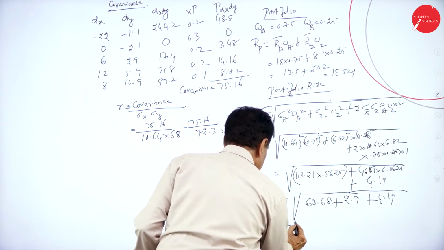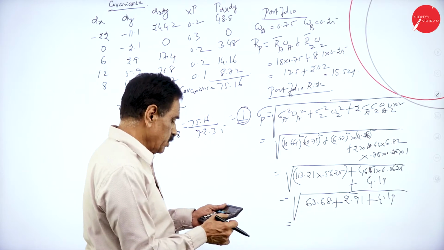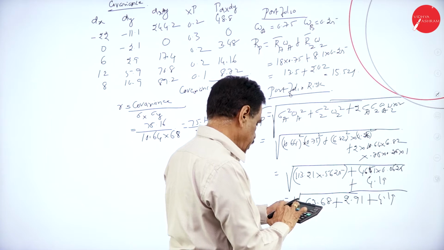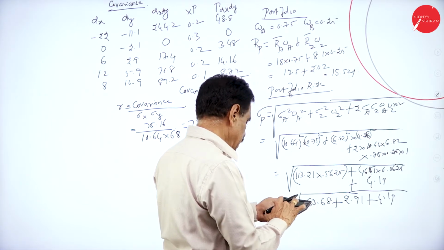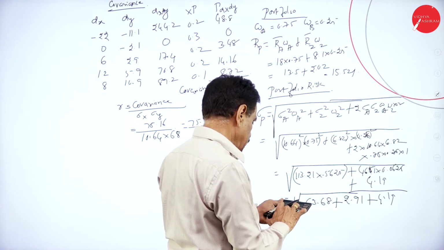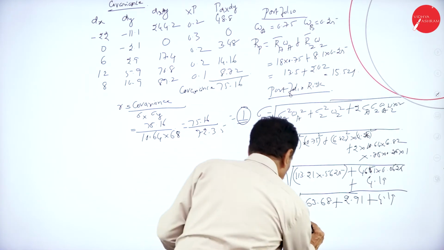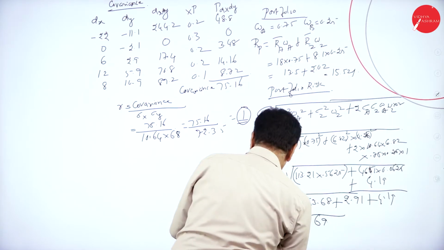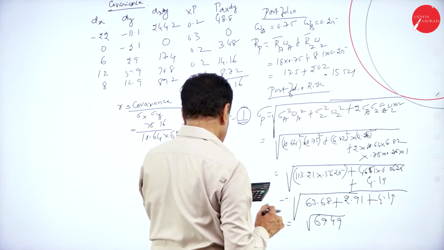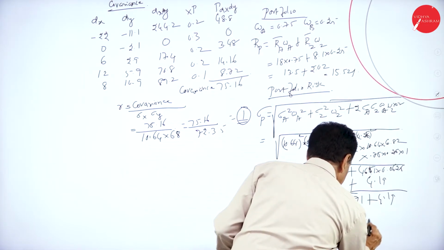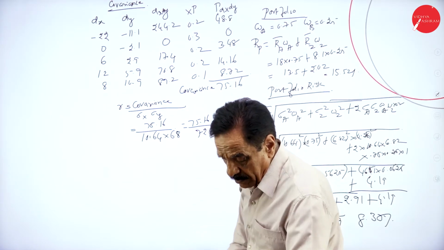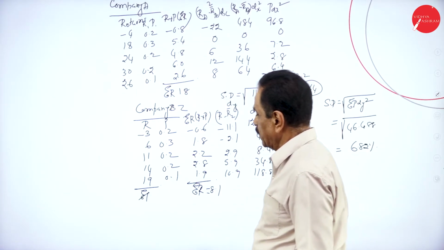So root of this: 63.68 plus 2.91 plus 2.90, root of 69.49, root of this, 8.33%. This is for 75%, 25%.